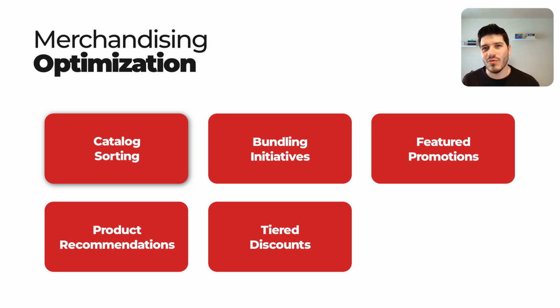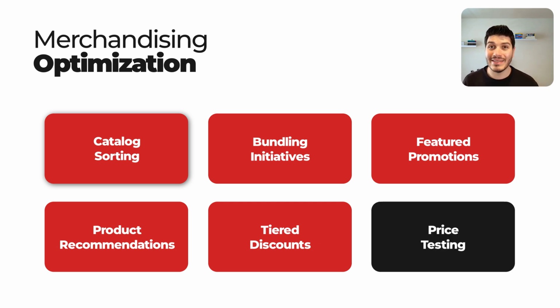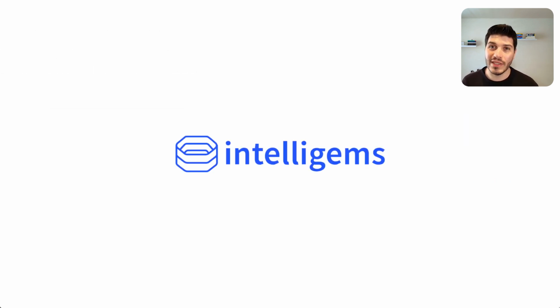One other effective way you can influence the financial performance of your store is by testing your prices. This will help you understand how your customers might react to higher or lower prices and effectively bring more money to the company. We're going to use the tool Intelligems for this exercise. They gave me access to their demo environment so that I can show you how this works in real life.